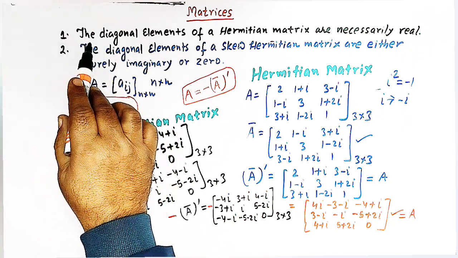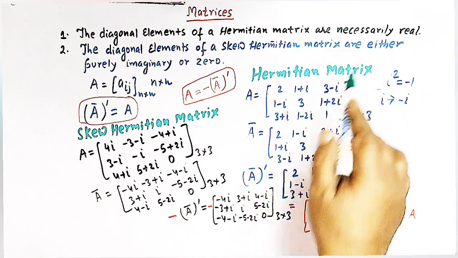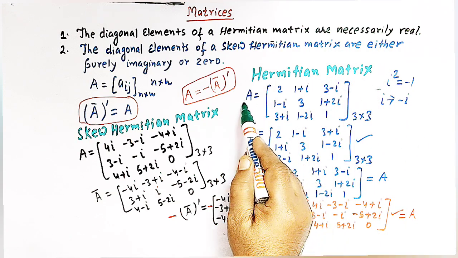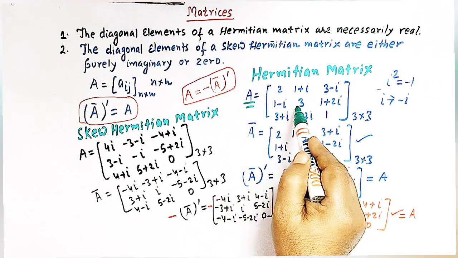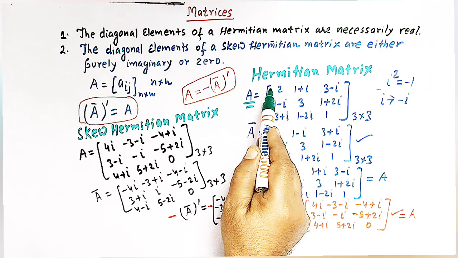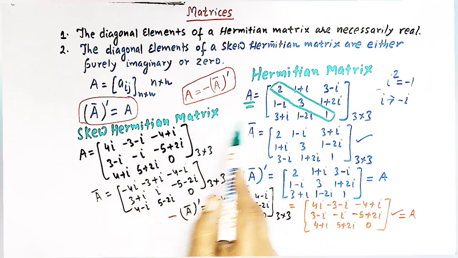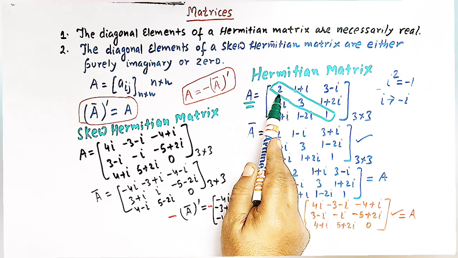The first result says that the diagonal elements of a Hermitian matrix are necessarily real, right? So if we see this matrix A, which we have just proved is a Hermitian matrix, these are the elements of the diagonal, right? And here we can see that 2, 3, 1 are real numbers.